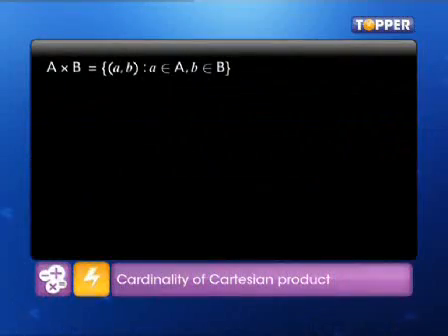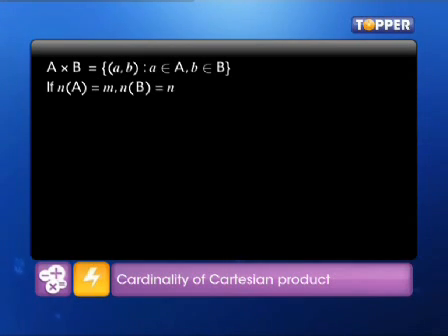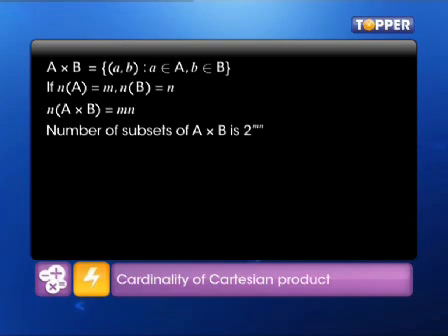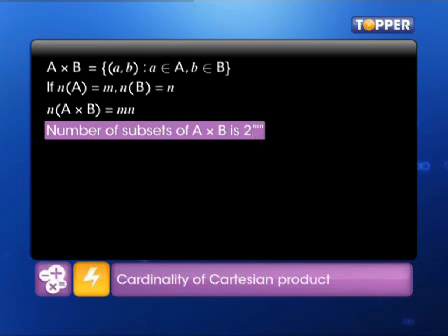We have A cross B is equal to the set of ordered pairs (a, b) such that a lies in A, b lies in B. Now remember the notation n(A), the number of elements in A. Let's say n(A) is equal to m and n(B) is equal to n. Then n(A cross B) is m times n. Consequently, the number of subsets of the product A cross B is 2 to the power of mn.